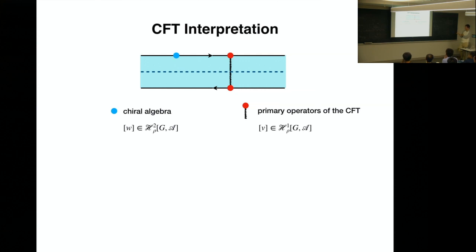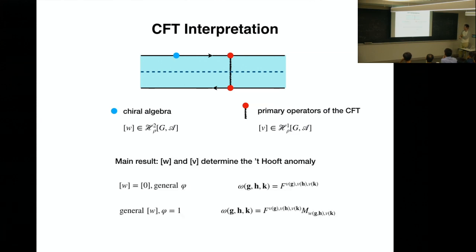So this fractionalization class basically determines what symmetry representations are carried by the chiral algebra on one edge alone. And then this additional piece of data tells you how these primary fields, which are represented as the tunneling operator of anyons from one edge to another, transform under the symmetry as a one-dimensional rep. So once you have these two pieces of data, we can write down a formula for the anomaly.